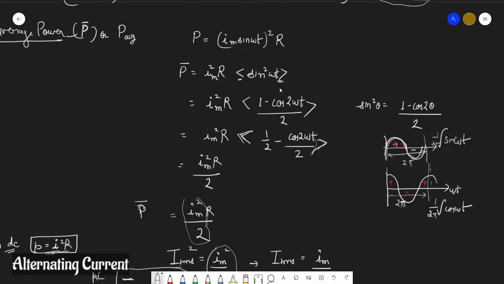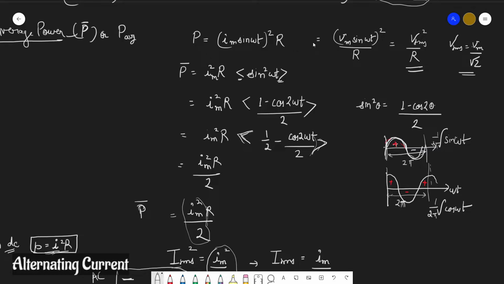Similarly, I can write this in terms of voltages also: Vm sine omega t whole square upon R. If you calculate in this manner, you will get the average power as Vrms square by R, where Vrms is equal to Vm by root 2.